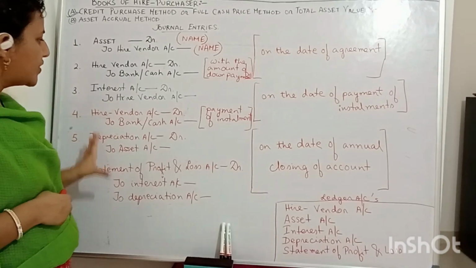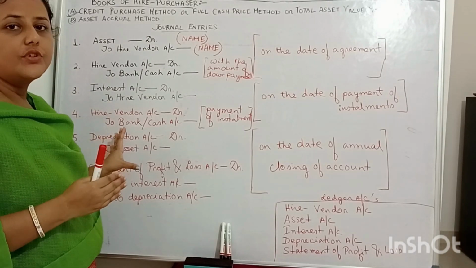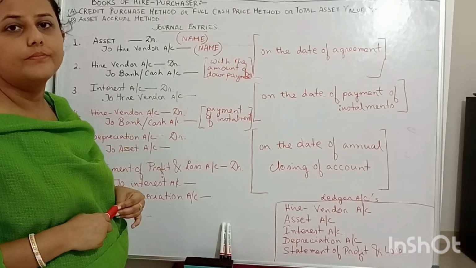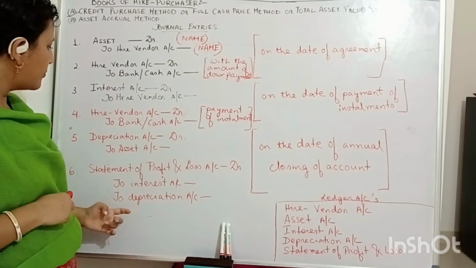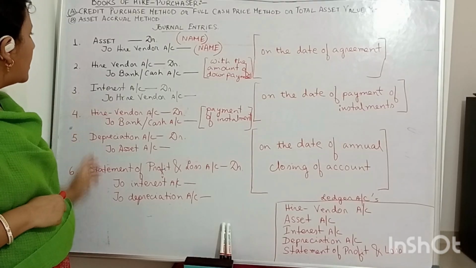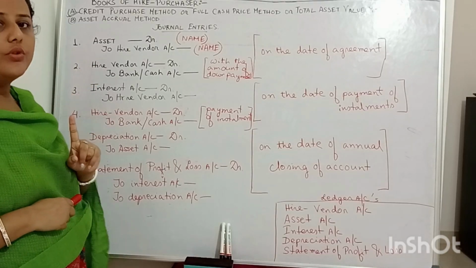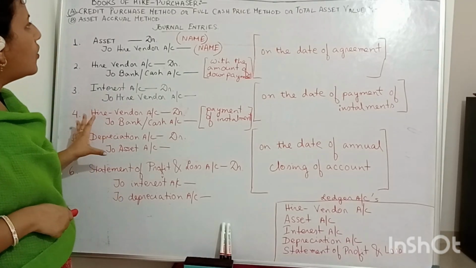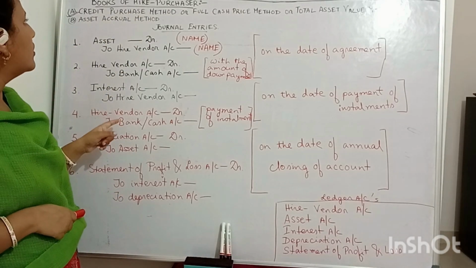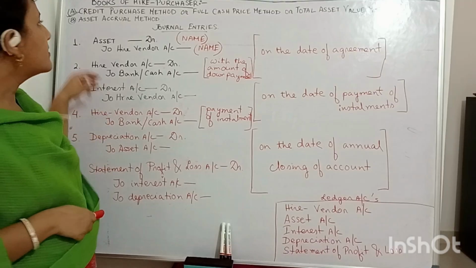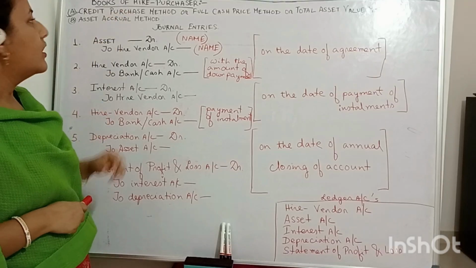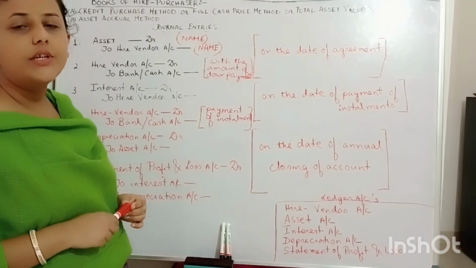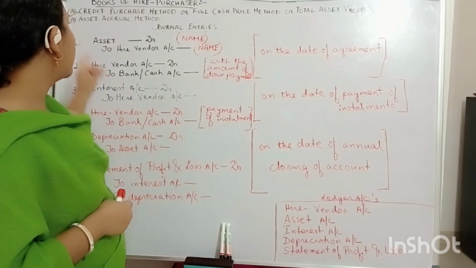These four entries will be passed year after year until the last installment is paid. And these two entries will be passed only once. Got it? So this is how under credit purchase method journal entries are passed in the books of hire purchaser. So the first method I have explained to you. The second method, the asset accrual method, I will explain in the next class.